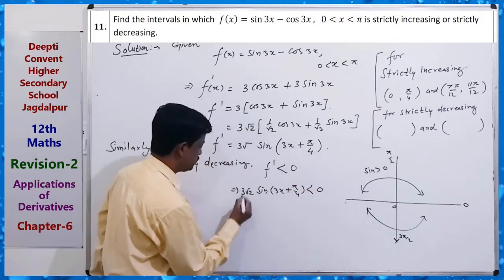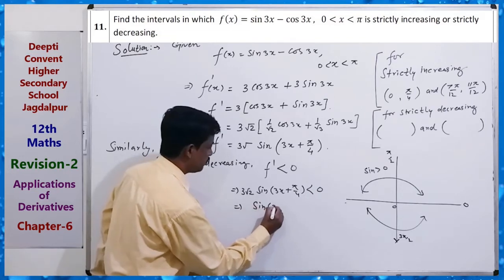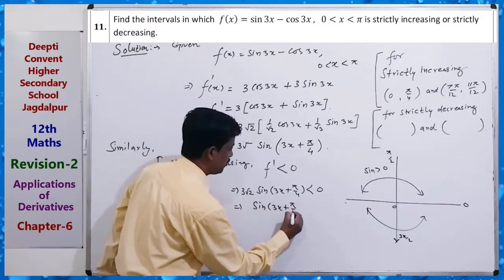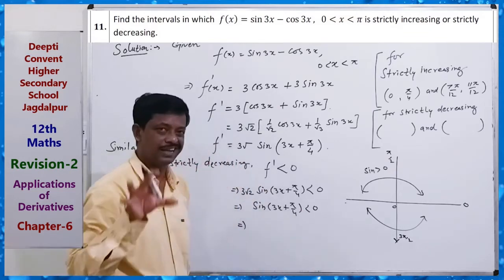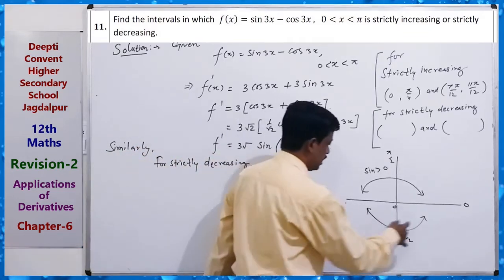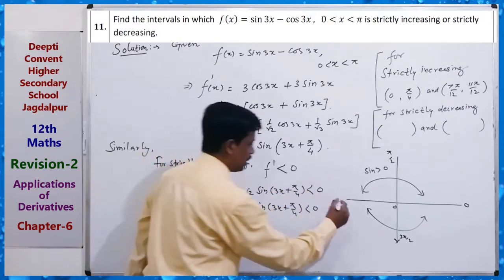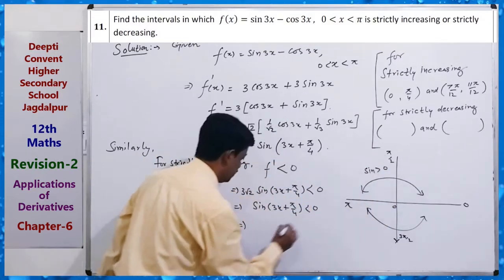This is a positive quantity, so sine of 3x plus pi by 4 is less than 0. Sine of the angle is negative, so the angle is in pi to 2 pi.